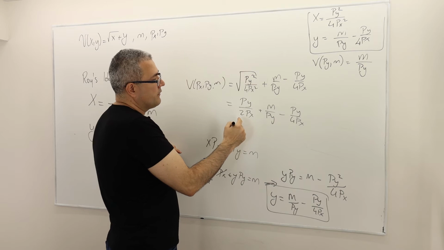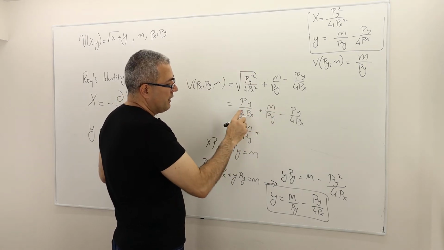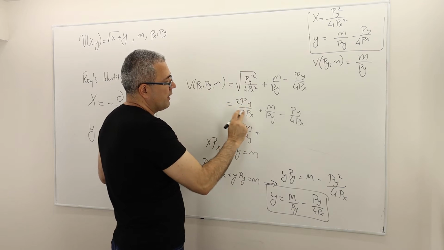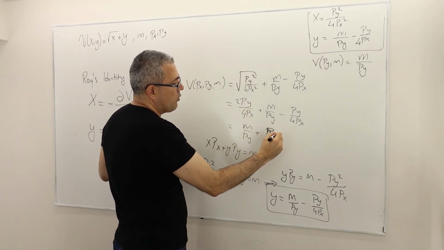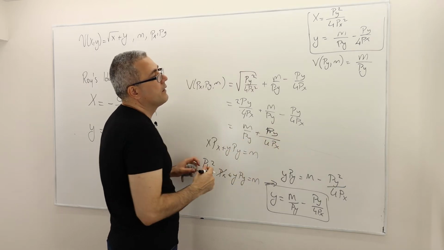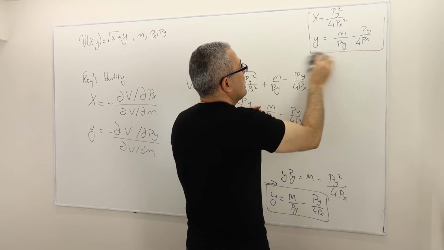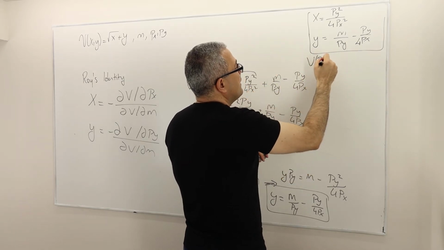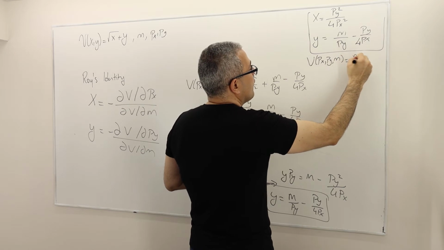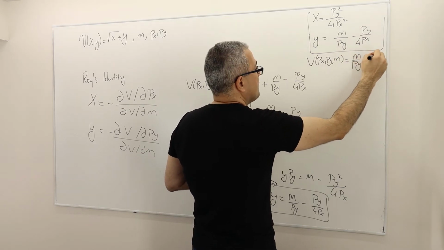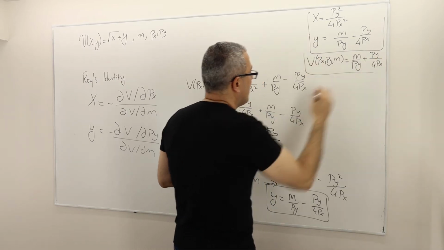So that means this is M over Py, plus 2 times this, so that means Py divided by 4Px. So V(Px, Py, income) equals M over Py plus Py divided by 4Px. All right, there you go.